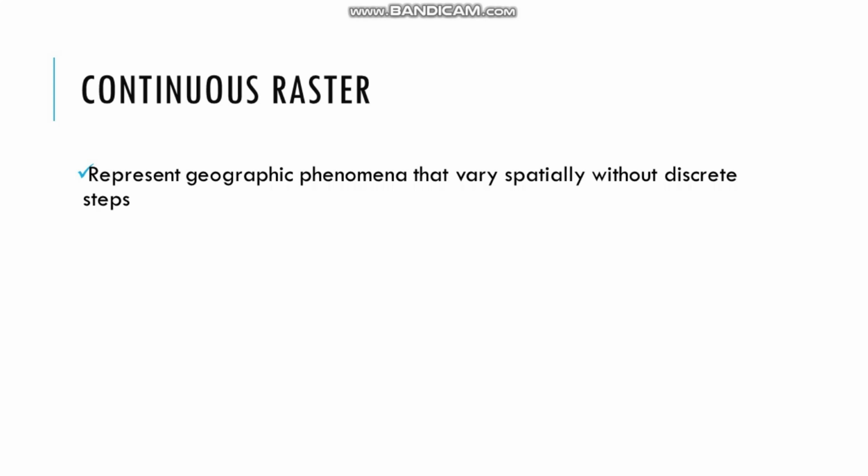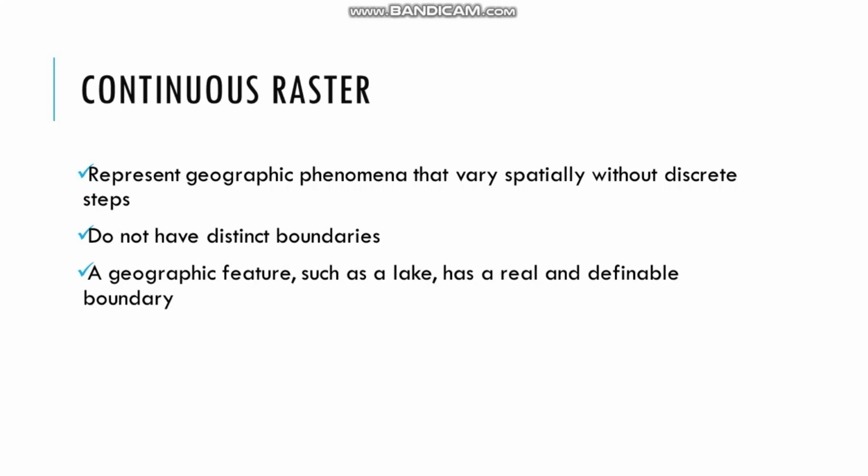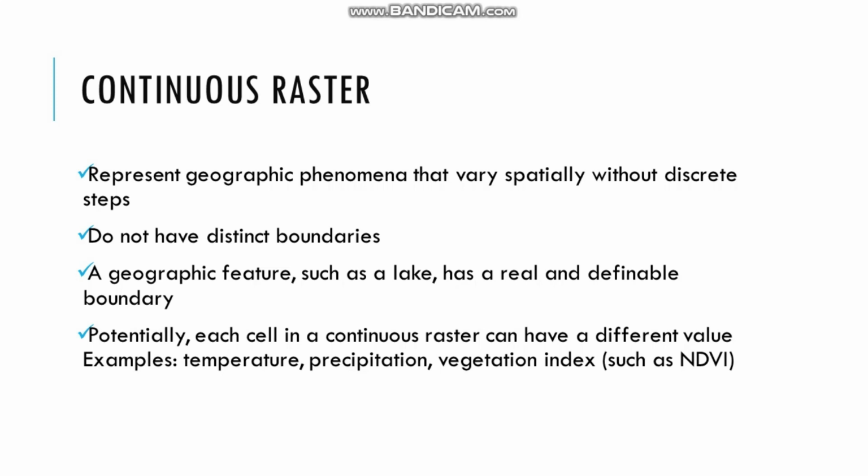They do not have distinct boundaries, and a geographic feature such as a lake has a real and definable boundary, so it's not continuous. Potentially each cell in a continuous raster can have a different value. Examples: temperature, precipitation, vegetation index. So it varies spatially and without discrete steps.